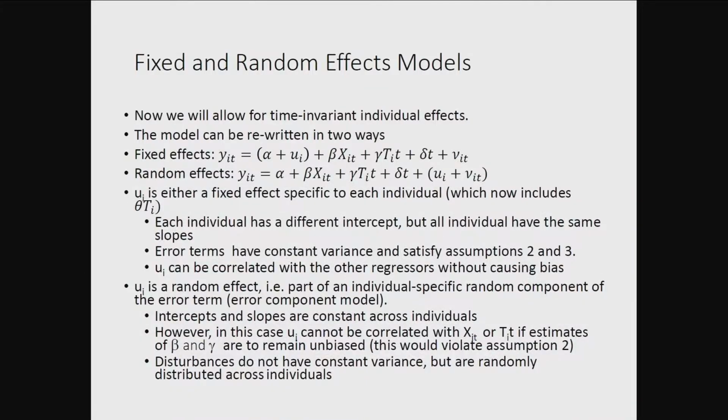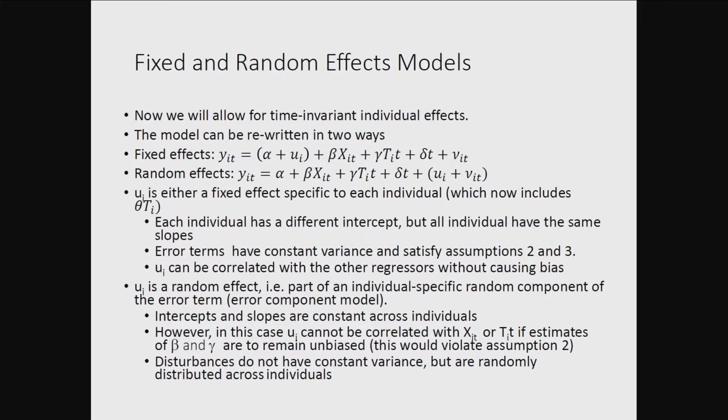Now I'm not taking alpha as a constant anymore. So now I have a new alpha i, which is equal to ui plus alpha. So even if this one is constant, the overall one will not be constant. It will be variable, and that's the idea of having an intercept for each individual. Okay? So that's for the fixed effect.